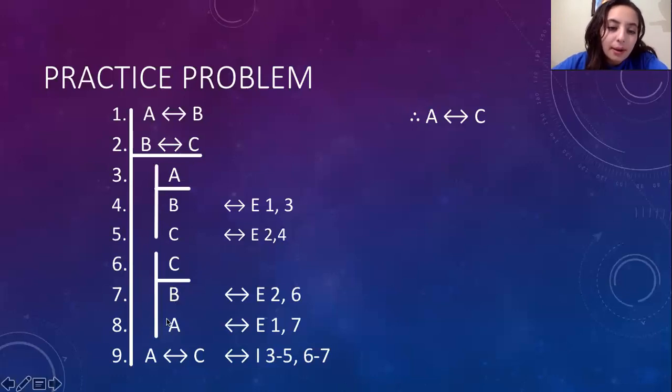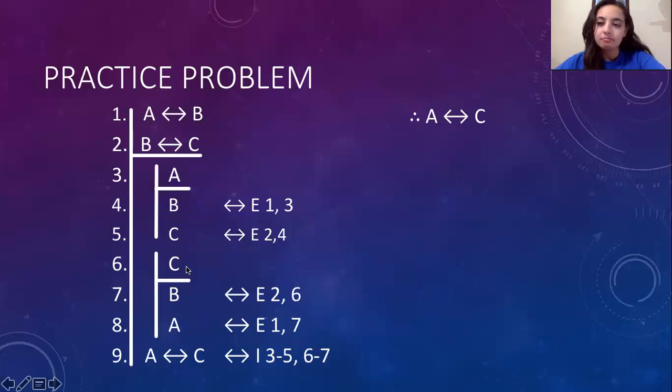We've got C, right? Assume C, and we were able to get B through biconditional elimination from lines 2 and 6. And then I'm able to get A because B is there. The same thing applies for the line before it, so biconditional elimination from lines 1 and 7.